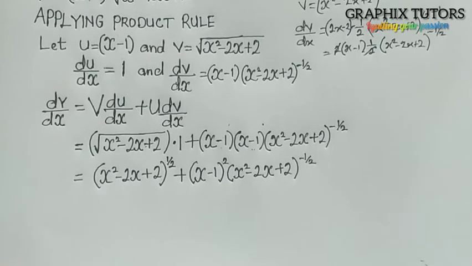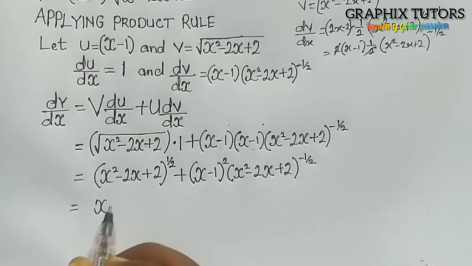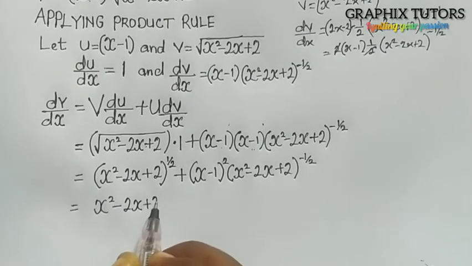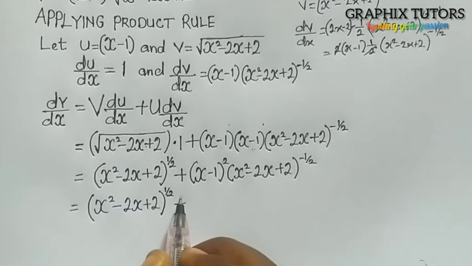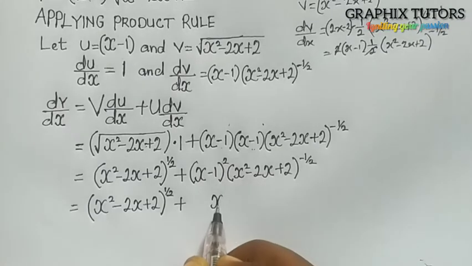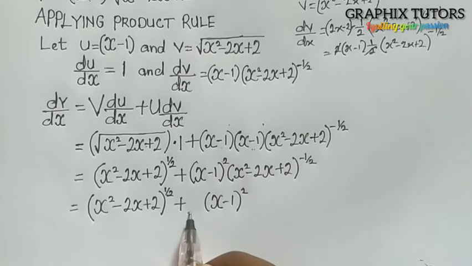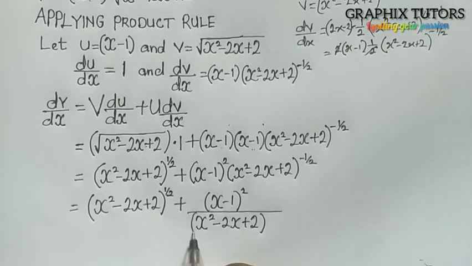So we'll move further. Now from here, x squared minus 2x plus 2 all together will give this part 1 over 2, plus x minus 1 all squared, all divided by x squared minus 2x plus 2 raised to the power of 1 over 2.